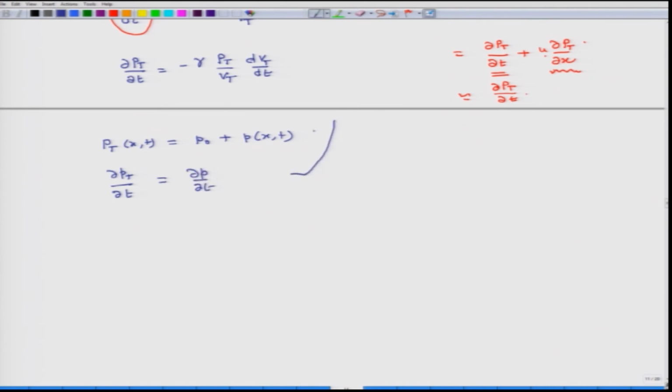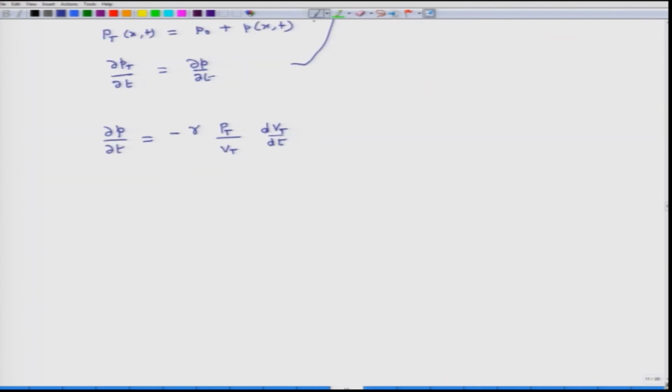So, I put this back in my earlier equation and I get partial of incremental pressure with respect to time equals minus gamma P(t) over V(t) dV(t)/dt. And we also note that V(t) is equal to V naught plus tau. So, this I can rewrite as minus gamma P(t) over V(t) times d tau/dt.